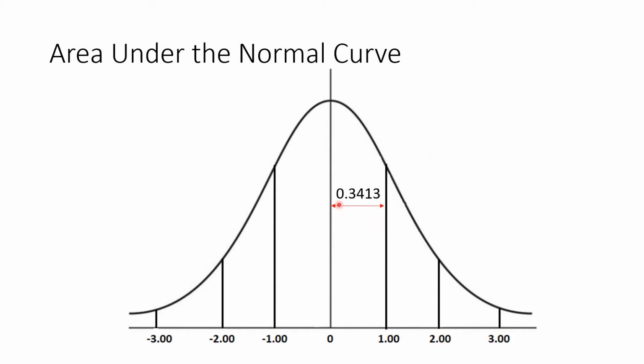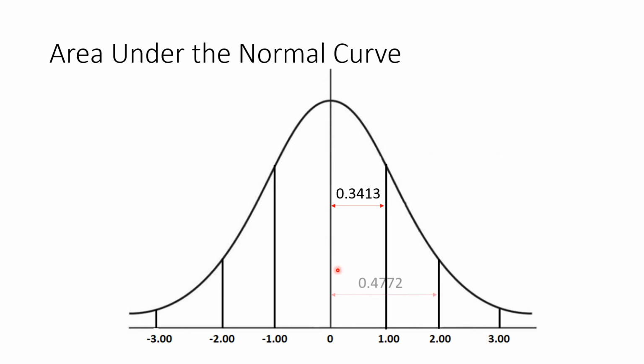The area from the boundary of 0 to 1.00 of z-score is 0.3413, based on the value that can be seen in the table. This area is also the same if your z-score is negative 1.00. It's just that negative implies that your area is on the left side. So this enclosed area is equal to 0.3413.